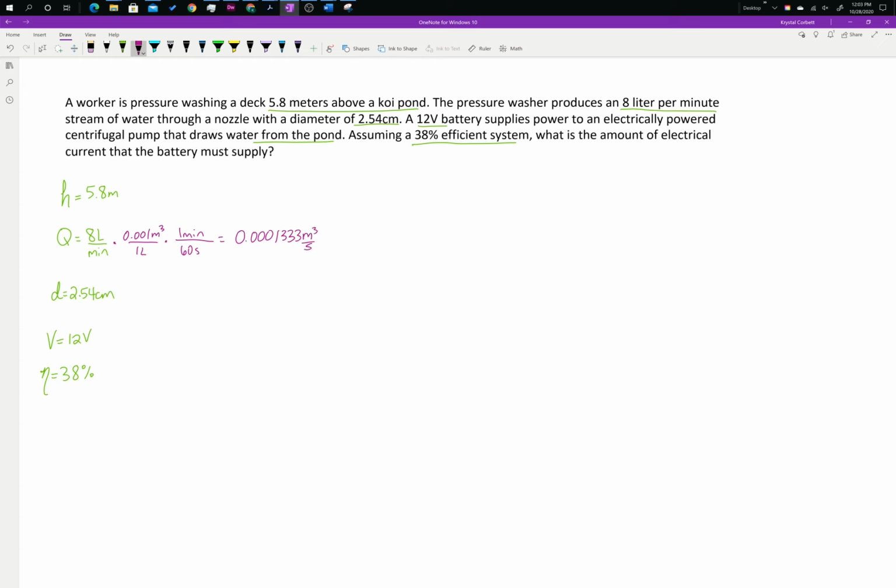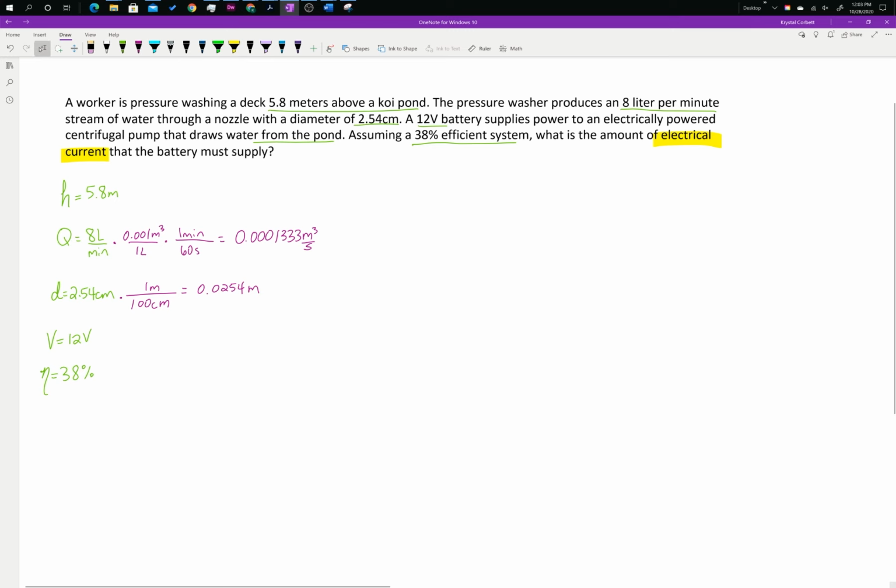Our diameter of our nozzle is 2.54 centimeters. We don't want centimeters, we want meters, so we also have to convert that. We know that there's 100 centimeters in 1 meter, which makes this 0.0254 meters. Our voltage is 12 volts and our efficiency is 38%. Those units are fine. Now we're trying to find the electrical current that the battery must supply.